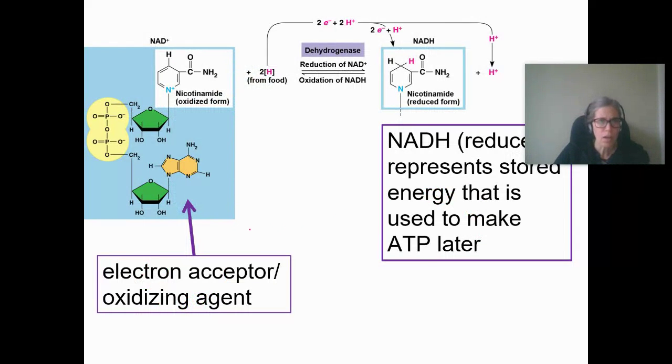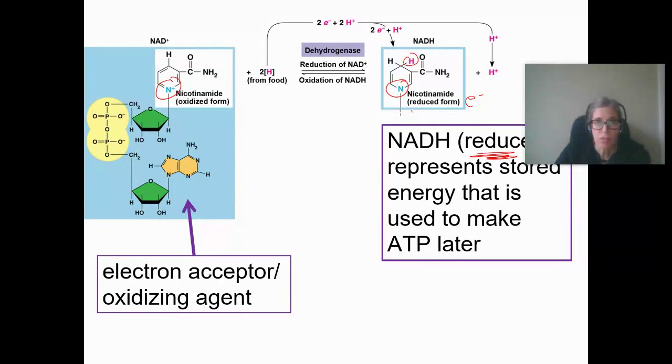Okay, so here's the reaction. So if you look at right here, you've got an extra electron right here, right? And an extra proton and electron right here. So this one has more electrons, right? And so if you have more electrons, then you're reduced, right?